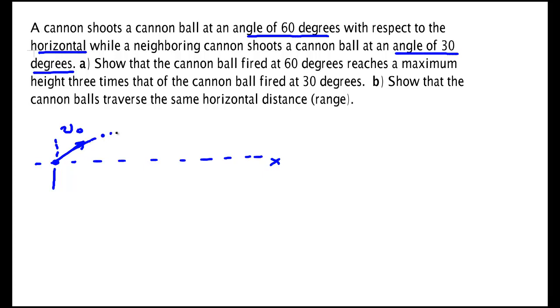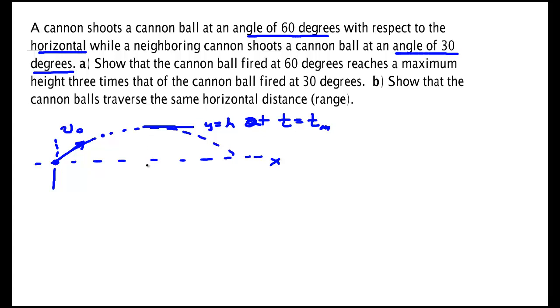The cannonball will go up to some height right here. That height will be y in this case, and so we'll call that h, and that will occur at some time, and I'm going to call that time t max.